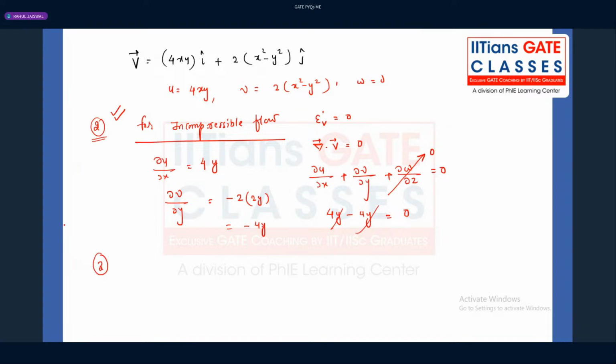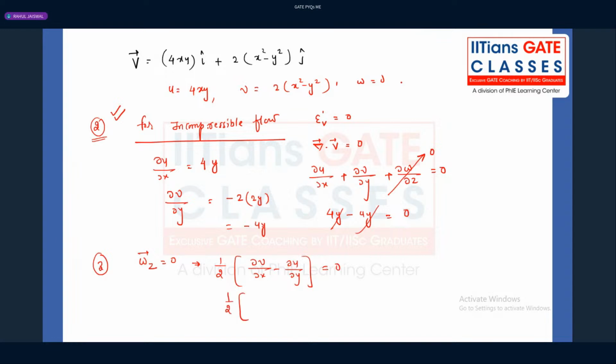If you see the third option, the flow is irrotational. For the flow to be irrotational, the angular velocity about the z-axis should be 0. If you write the formula, half of (dou v by dou x minus dou u by dou y) should be equal to 0.